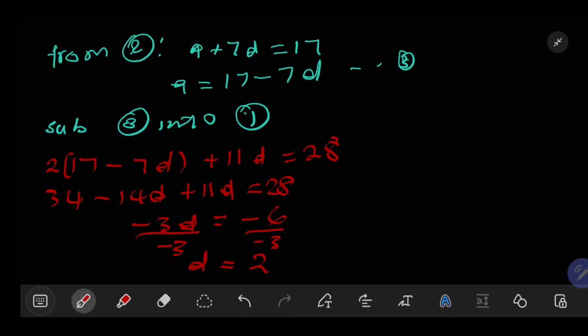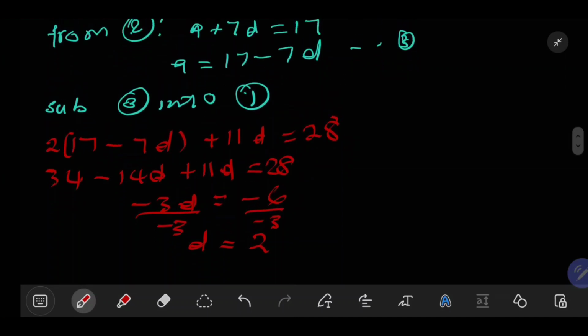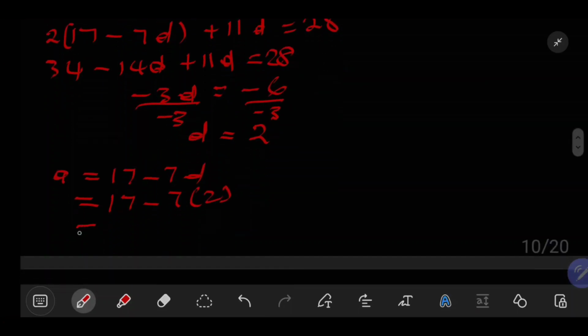If you find your d value, you can similarly find your a value. So we can substitute d into equation 3 to obtain our a value. So a is equal to 17 minus 7d, which is 17 minus 7 times 2. So our a value in this case is positive 3.